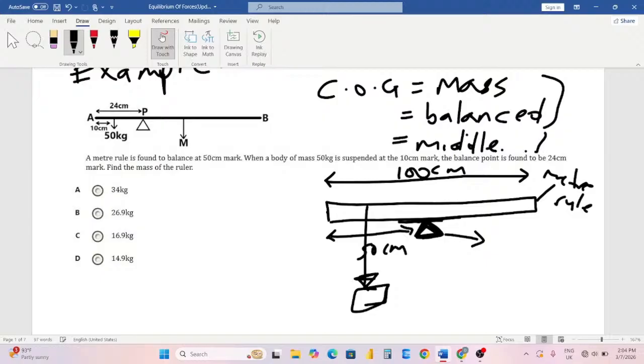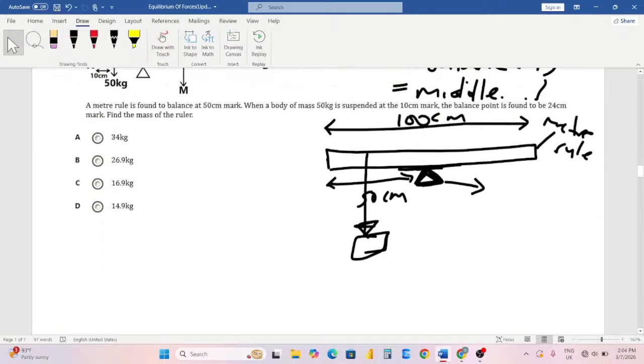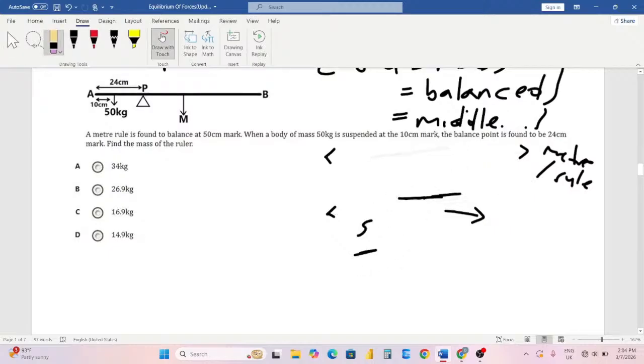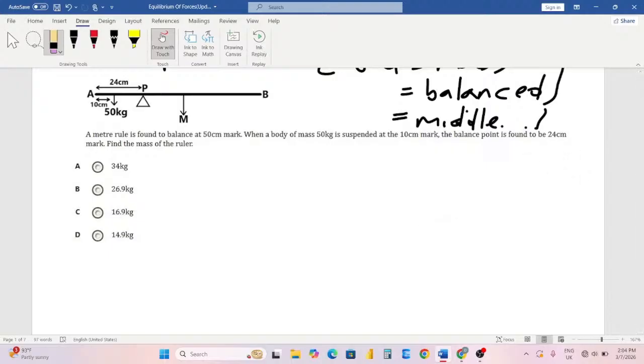So now, knowing all this, let us attempt this question. A meter rule is found to balance at 50 centimeter mark when a body of mass 50 kg is suspended at the 10 centimeter mark.